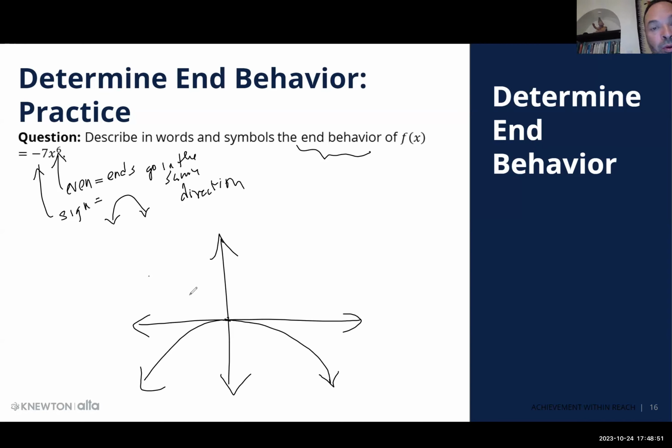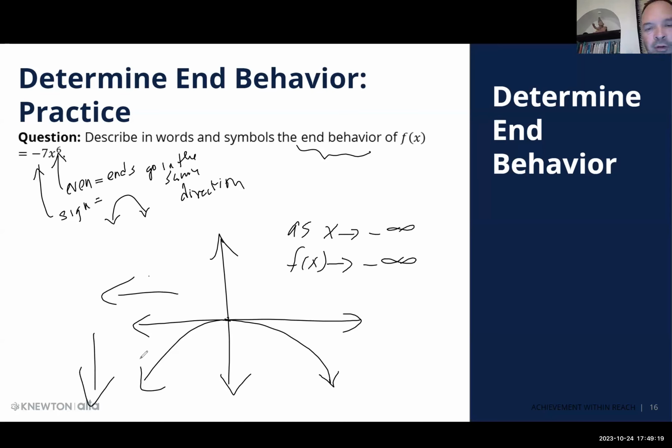So the way you say this technically is you say as x goes to minus infinity, in other words, as we're going this way, f of x goes to minus infinity as well. So as you go left, you go down.